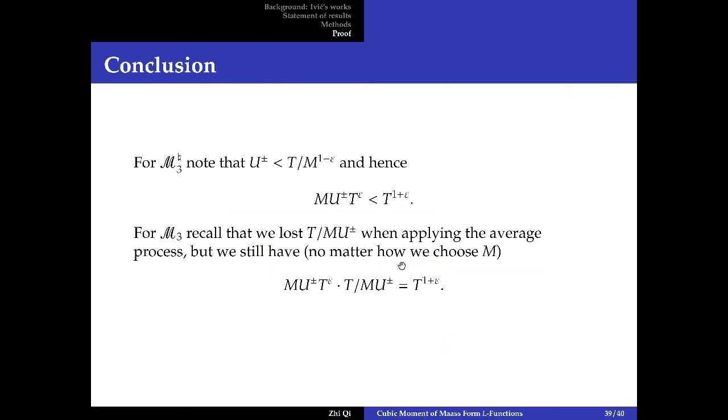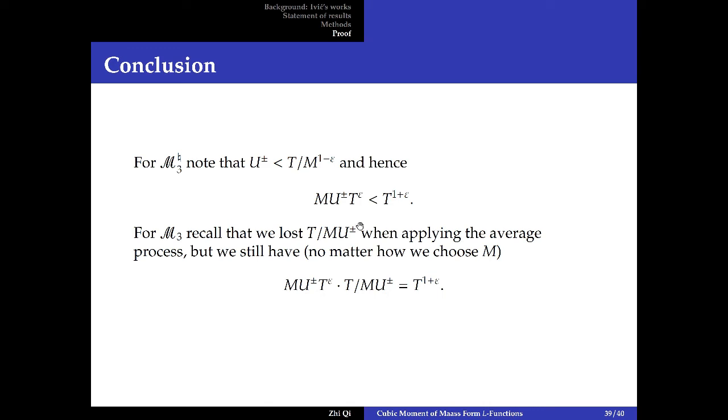Okay, and the final step. So if you consider the smooth version, and we recall that this U is bounded by, is up to T over M, right? And this expression then is bounded by T to the 1 plus epsilon. Okay, so this is the smooth version.